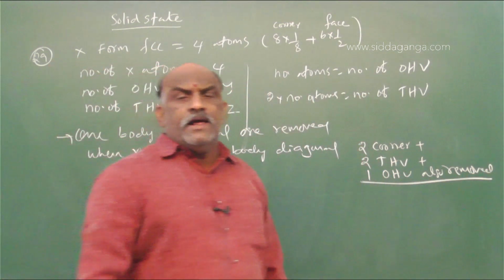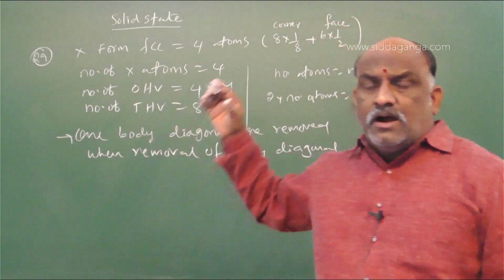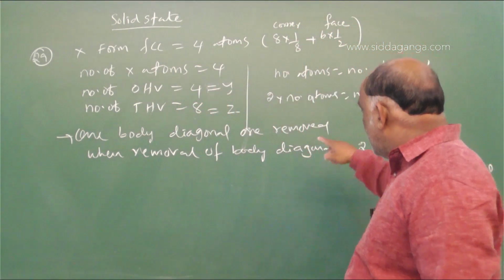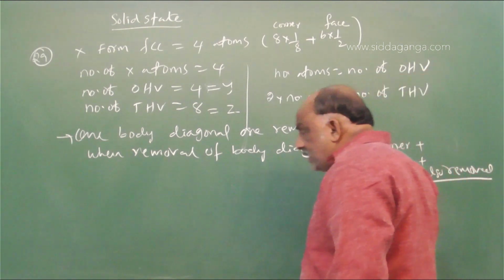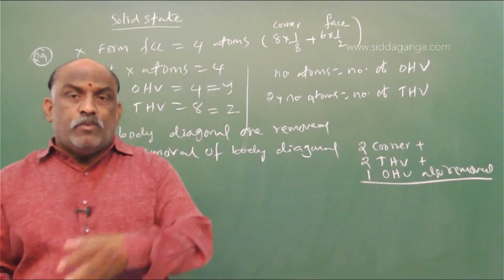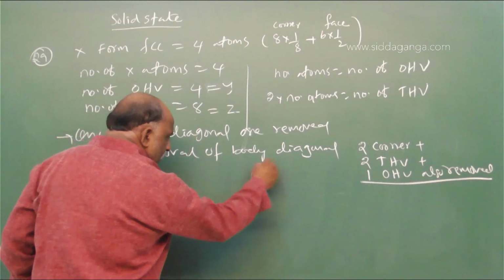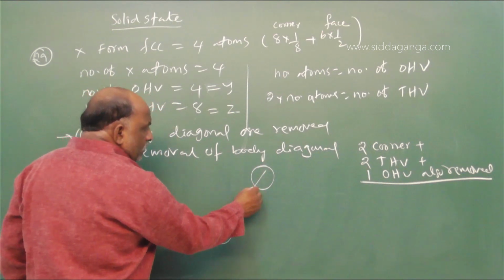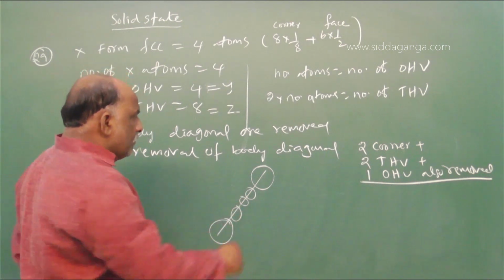If one body diagonal is removed, it means on that body diagonal two corner atoms are present, two tetrahedral voids are present, and one octahedral void is present. Like this body diagonal, these two are the corners, here two tetrahedral voids will be there, and here one octahedral void will be there. This is the body diagonal of the cube.